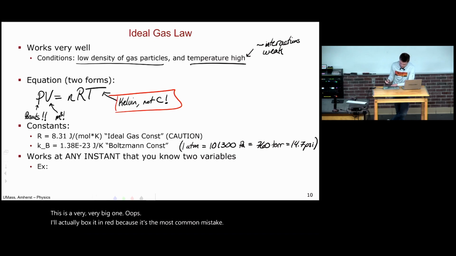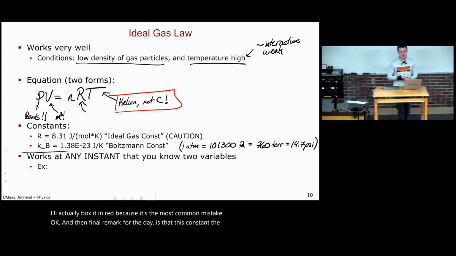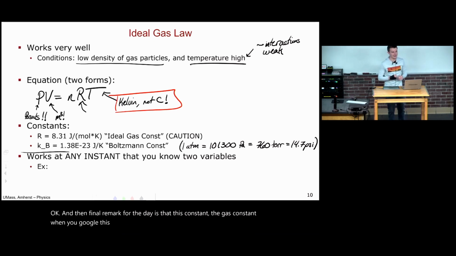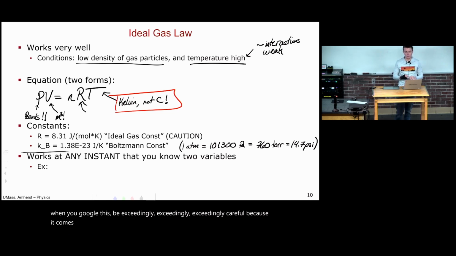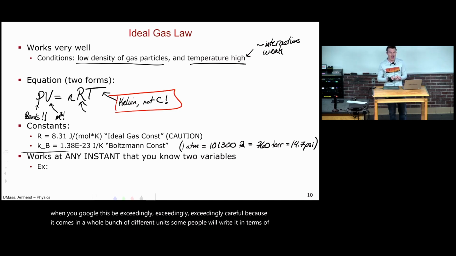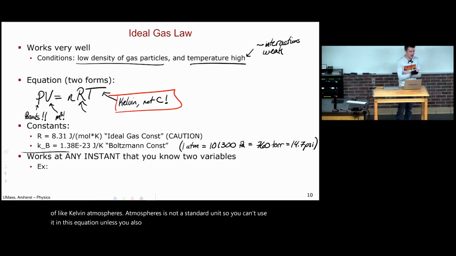Okay, and then final remark for the day is that this constant, the gas constant, when you Google this, be exceedingly careful because it comes in a whole bunch of different units. Some people will write it in terms of liter atmospheres. Atmospheres is not a standard unit, so you can't use it in this equation unless you also match your pressure in atmospheres.